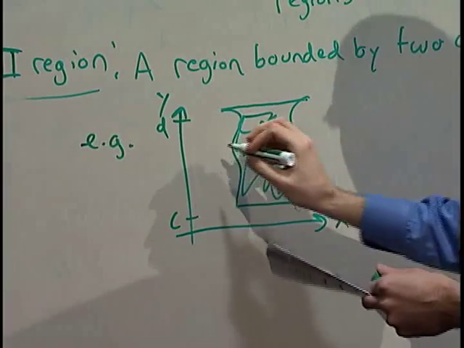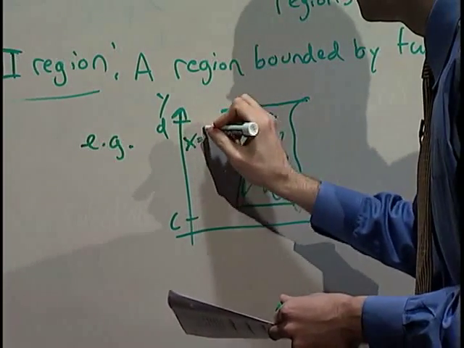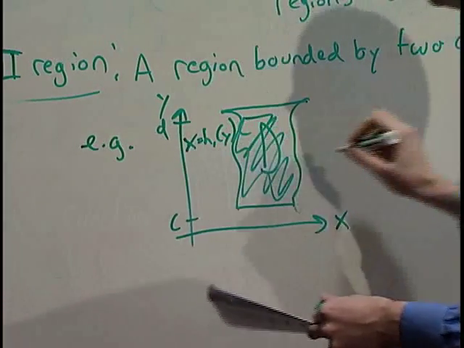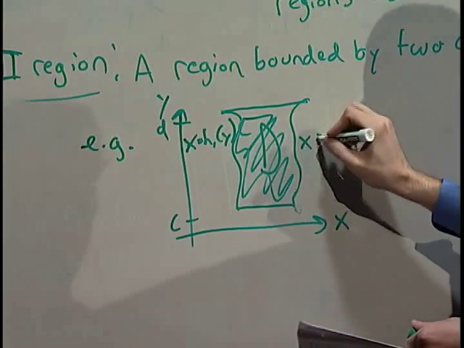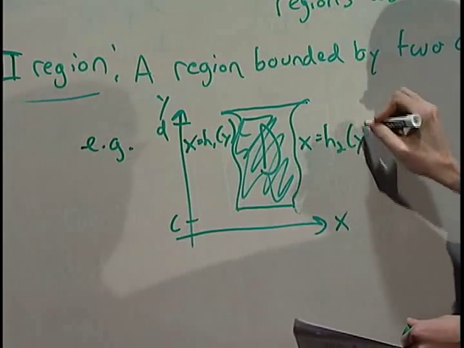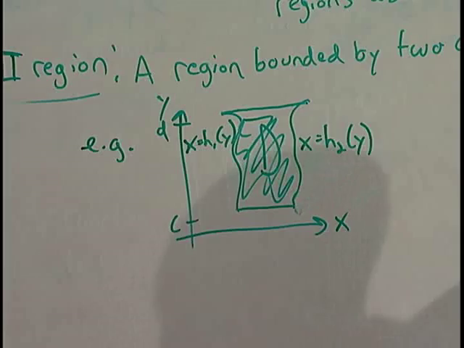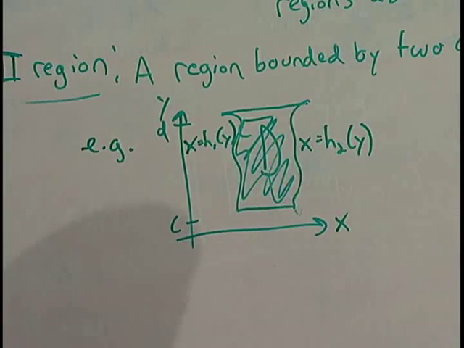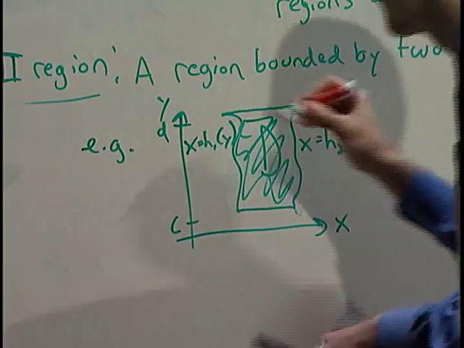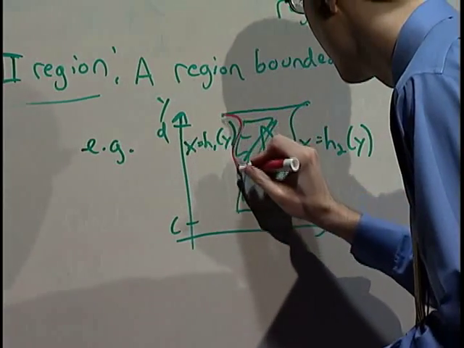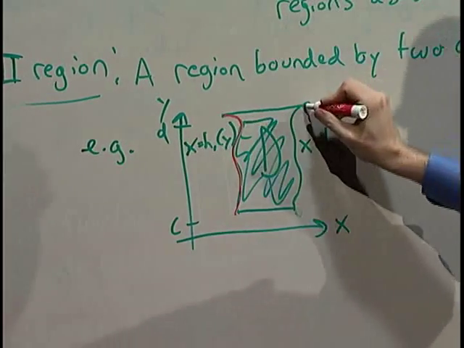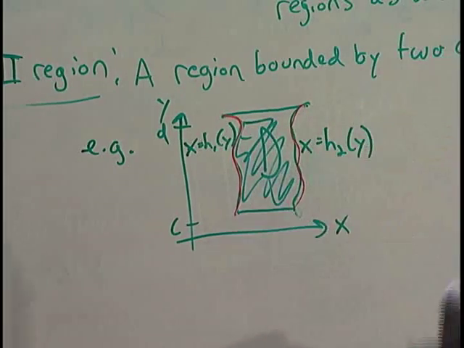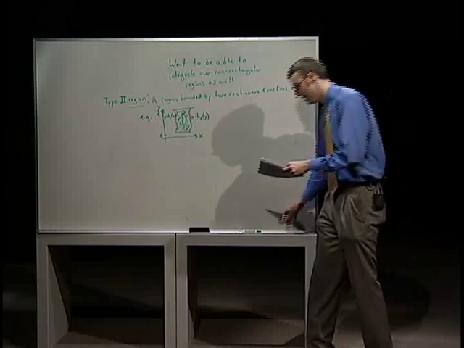And then this curve over here is some function of y, and this curve over here is also some function of y, right? So there's one function of y, and I'll even outline it in red to make it look nicer. There's one function of y, there's the other function of y, okay?